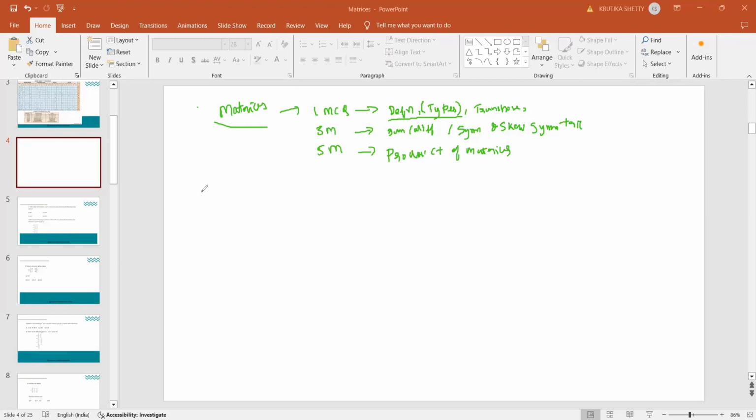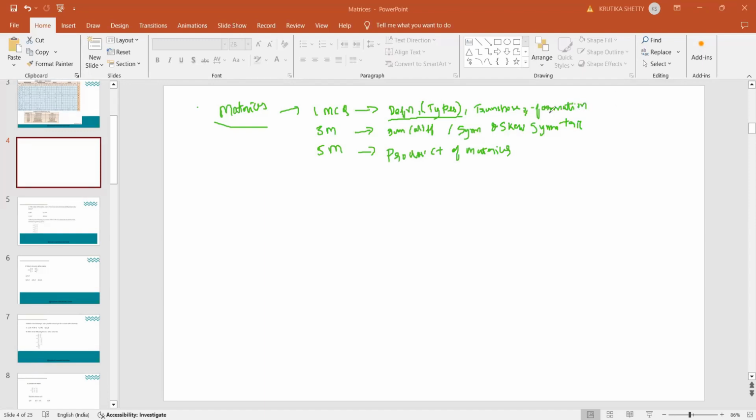Just try to note it down. One MCQ you may get from definitions or types of matrices. Then there is a chance of another MCQ from the transpose of a matrix. Another MCQ may occur from the formation of matrices, that is, how a matrix is formed.